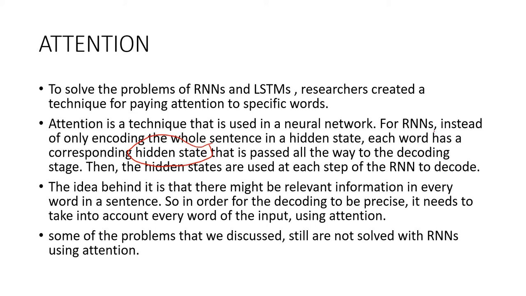Each word has a hidden state. That's the difference we make in transformers. The idea behind it is that there might be relevant information in every word in a sentence. That's why we need to have a hidden state for each word.